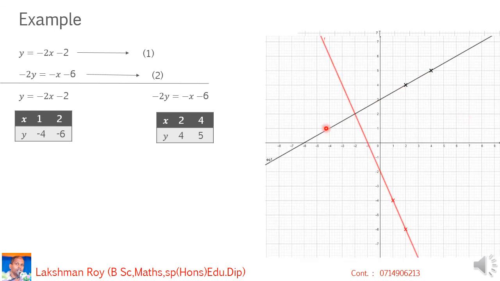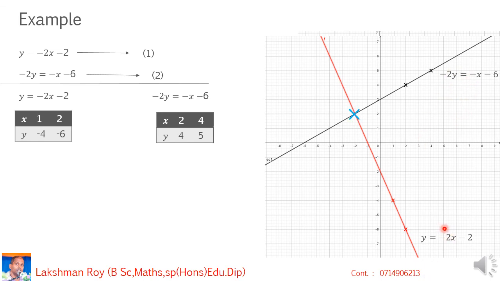Now you can see here, this red straight line, what is the equation? y equals minus 2x minus 2, right? That is the equation of a straight line. Then this blue, black color one, what is the equation? Minus 2y equals minus x minus 6, right? Those are the equations of the two straight lines.